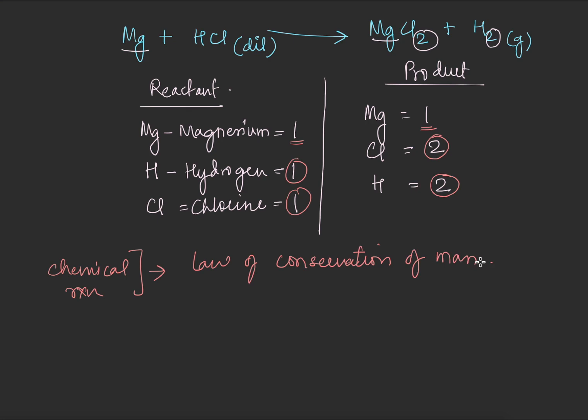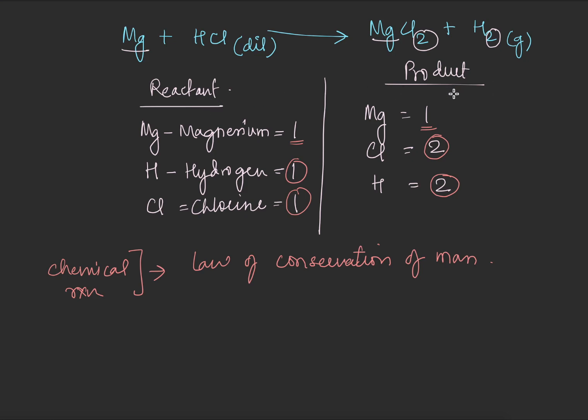It means that the total mass of the reactants is always equal to the total mass of the products in a chemical equation. Mass of the reactant and the product will only be the same if the number of atoms in the reactant are the same as the number of atoms in the product. So whenever you are balancing a chemical equation, you are trying to make sure that the number of atoms of each element present on both the sides of reactant and product are equal.